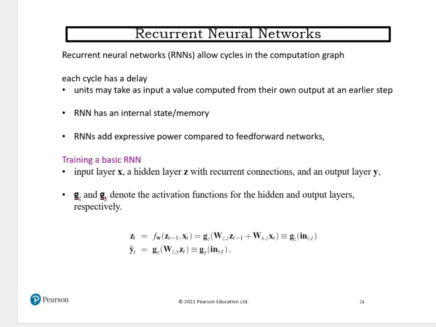This allows the recurrent neural network to have what's called a memory. Inputs received at earlier time steps affect the recurrent neural network's response to the current input. This is the main difference between RNNs and the feed-forward networks that we've seen so far.